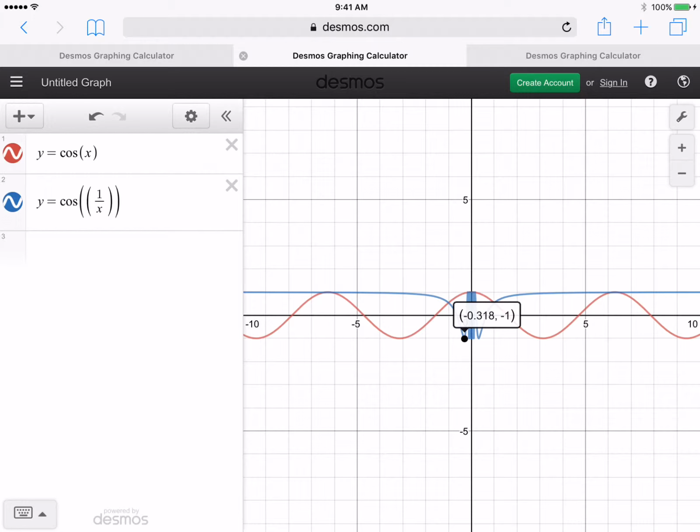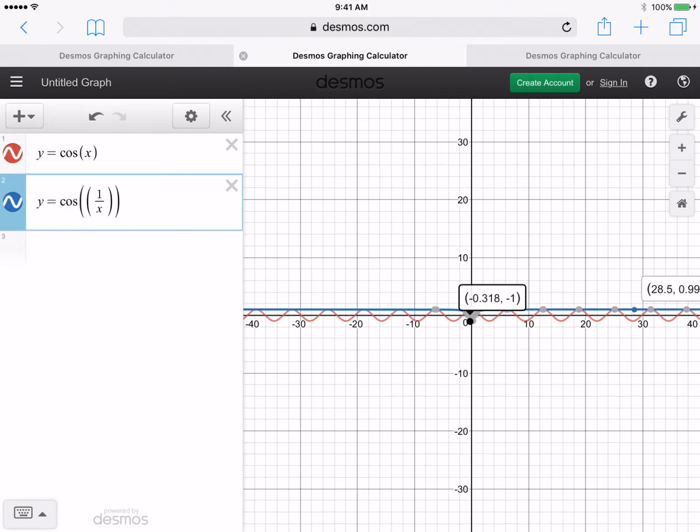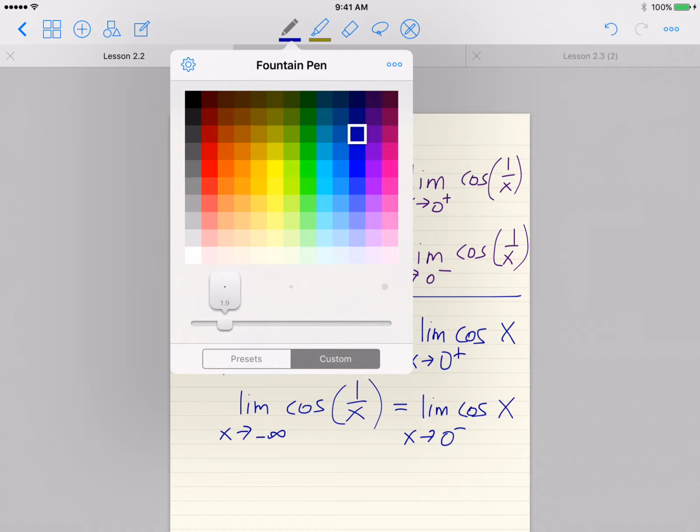The blue graph represents the cosine of 1 over x, and the red one cosine of x. As x is approaching positive infinity, you can see that there's a horizontal asymptote. It's getting closer and closer to 1. So 1 is your limit for cosine of 1 over x as x is approaching positive infinity.